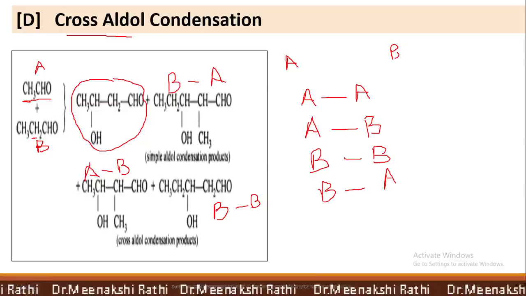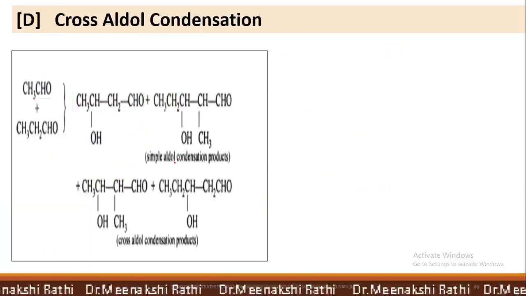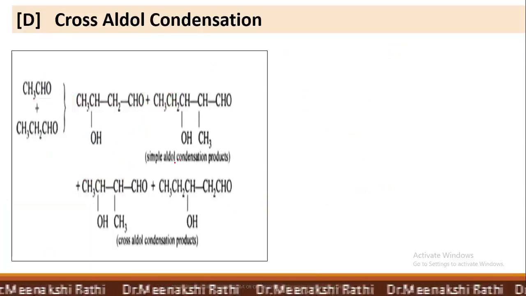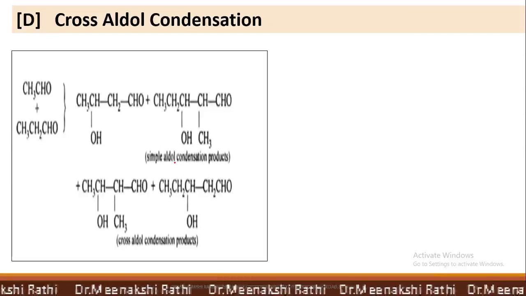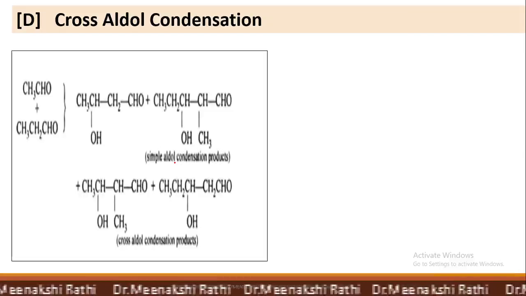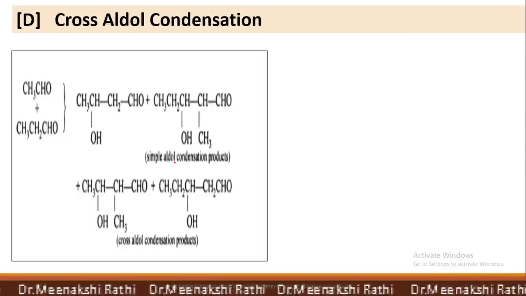So, it is not feasible to separate all these 4 products. Here we are getting a mixture of 4 possible products and it is not possible to separate them. So generally, cross aldol condensation in this case is avoided.